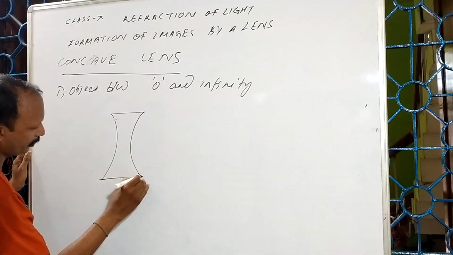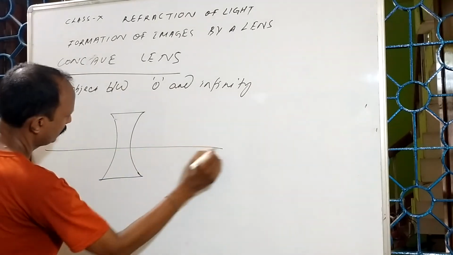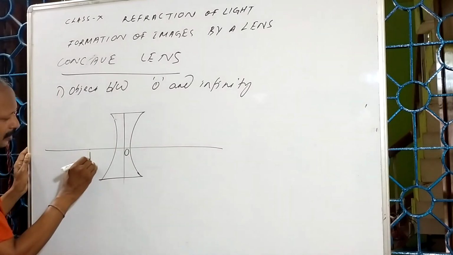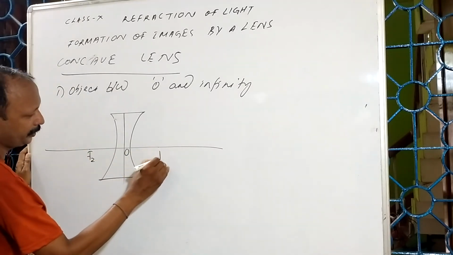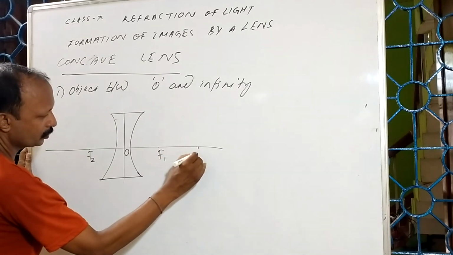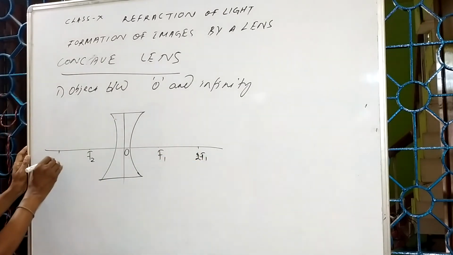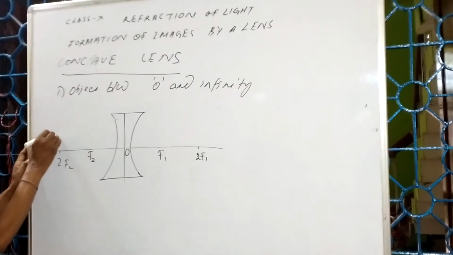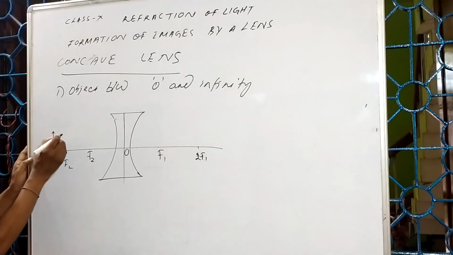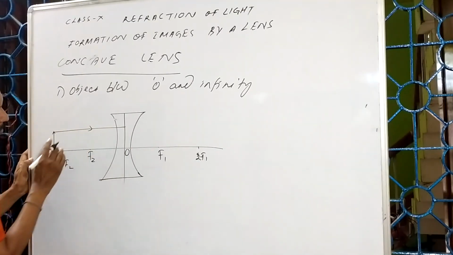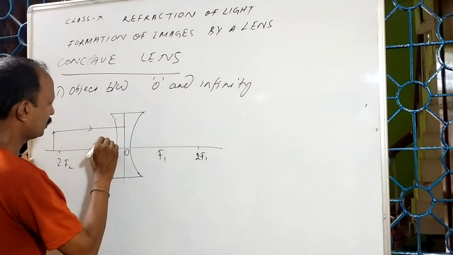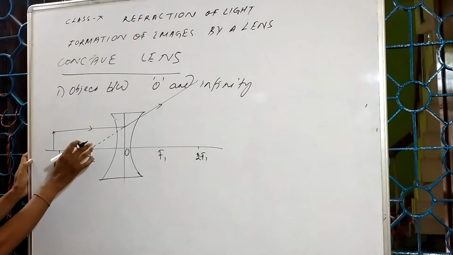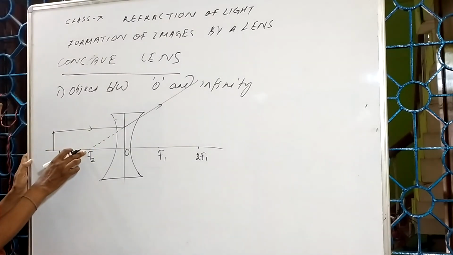See here. This is the biconcave lens, a concave lens. This is the principal axis, this is the plane of the lens, this is the optic center. Here I am writing f2, here f1, this is 2f1, this is 2f2. Any place you can take. Suppose I am taking the object here. Now the light ray comes here, coming parallel. We know that a ray which comes parallel refracts in such a manner that it appears to come from f2.